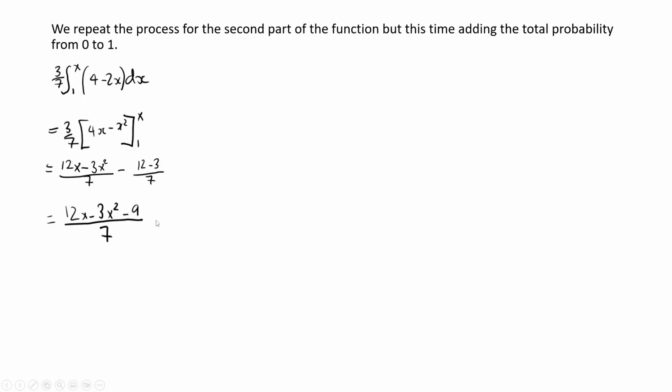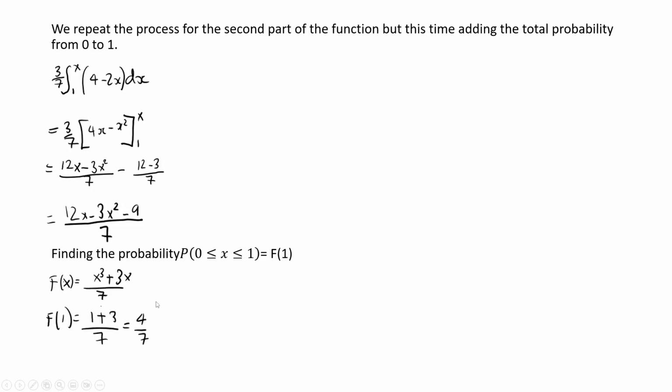So in order for this to work, obviously if we were to evaluate this at a particular value, it won't include the first part between 0 and 1. So what I need to do then is find the probability from 0 to 1 and add it on. So I'm going to evaluate that function at 1 then. This is the function I've found.